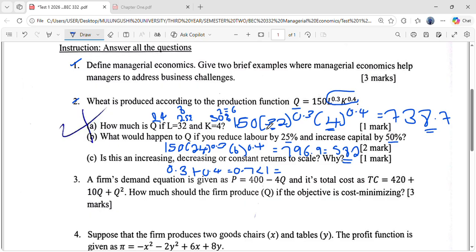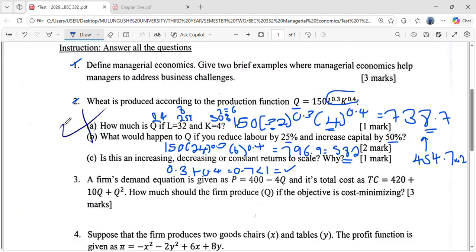You are going to find the answer to be 454.7. If you multiply this by 2, it will give you 909. And if you check, this answer is below 909. That will also tell you that you are dealing with a decreasing return to scale. And this is one of the shortest ways of finding the decreasing return to scale.